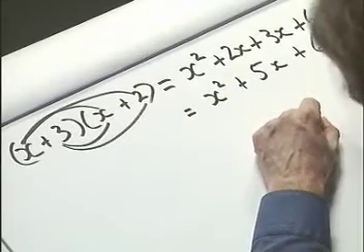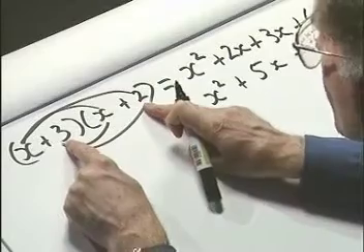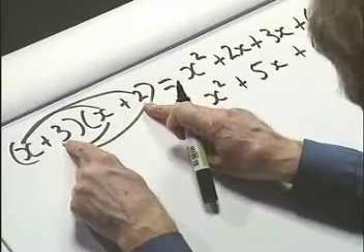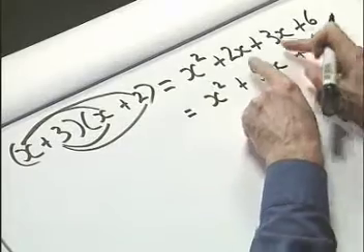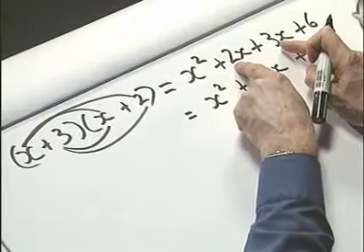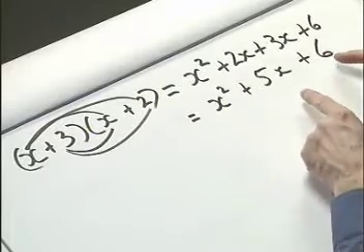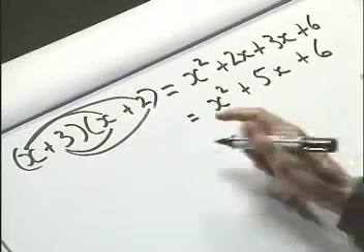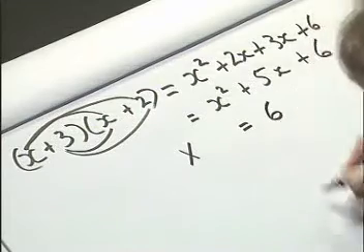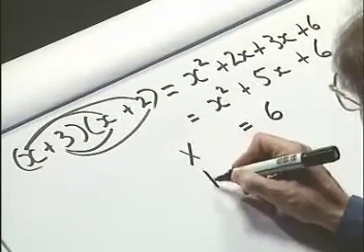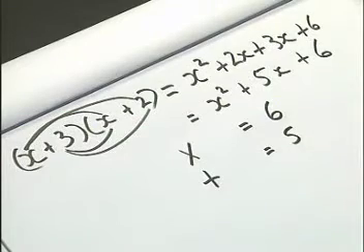Let's have a look where this 6 came from. Well, we know it came from 3 times by 2. Now, where did this 5 come from? Well, it came from 2 plus 3. So if we were to reverse this process, we'd be looking for two numbers that multiply together to give us 6, and two numbers that added together to give us 5.